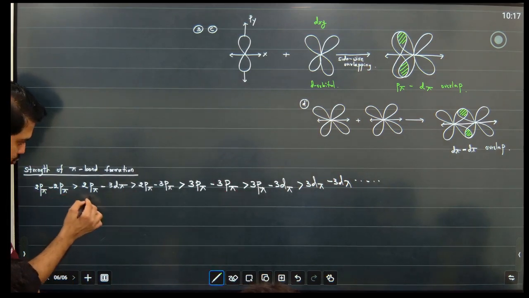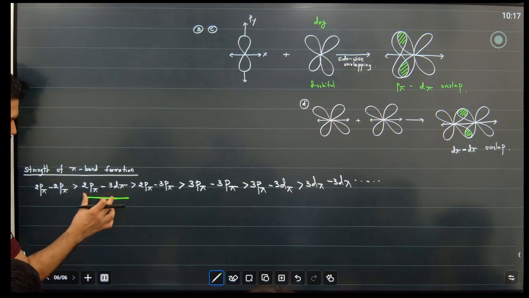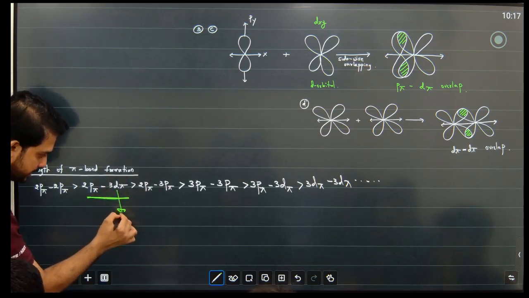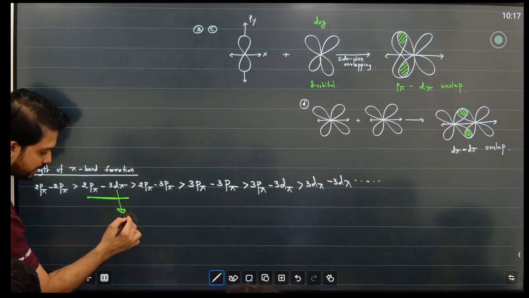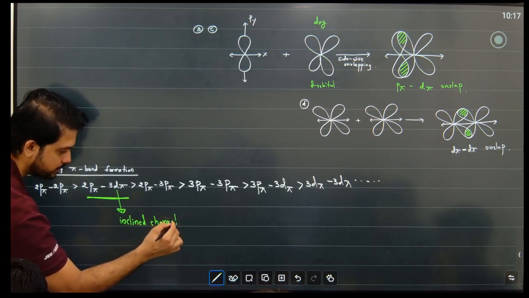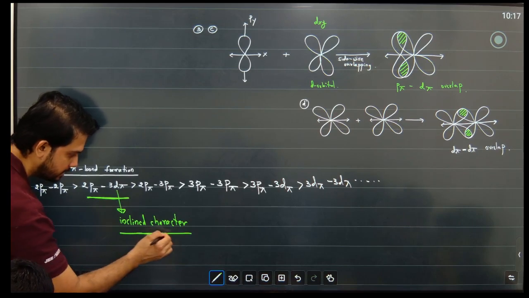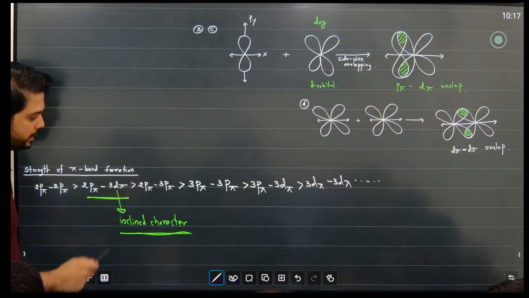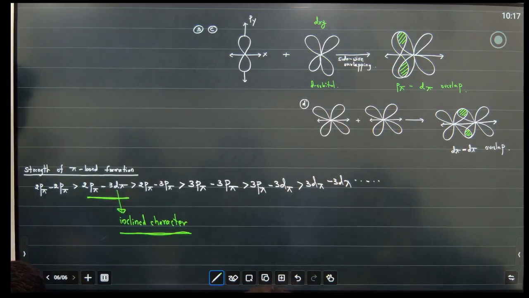The reason 2 p pi 3 d pi is a bit stronger than 2 p pi and 3 p pi is because 3 d pi has a little inclined character, and because of that inclined character, the overlapping is a bit stronger as compared to 2 p pi and 3 p pi.